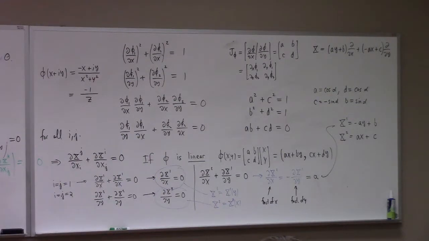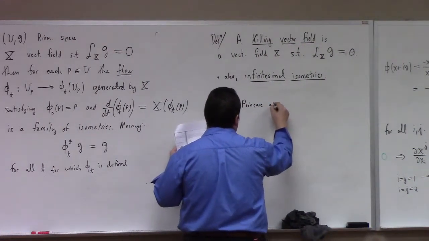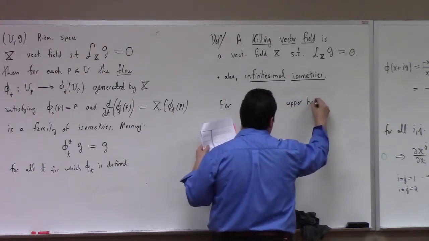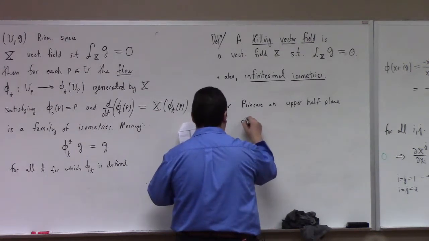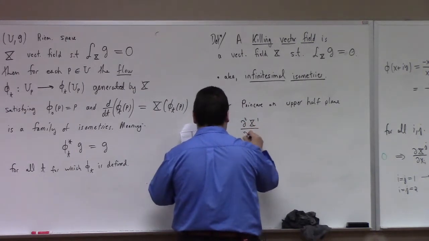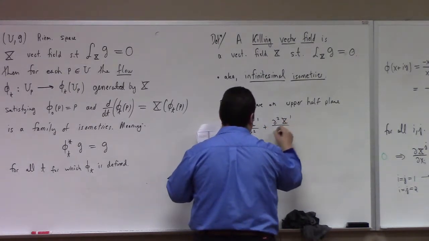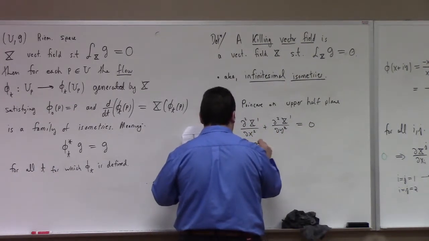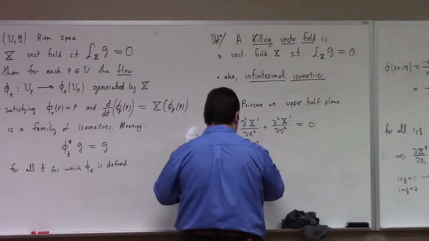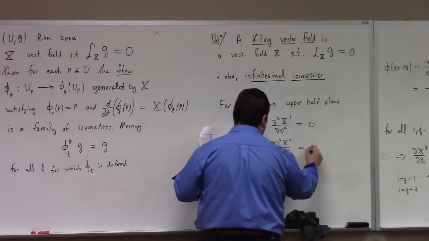For Poincaré on the upper half plane, we end up with the following equations: partial squared x1 partial x squared plus partial squared x1 partial y squared equals 0, and likewise for x2. Can you recognize these? What are these?